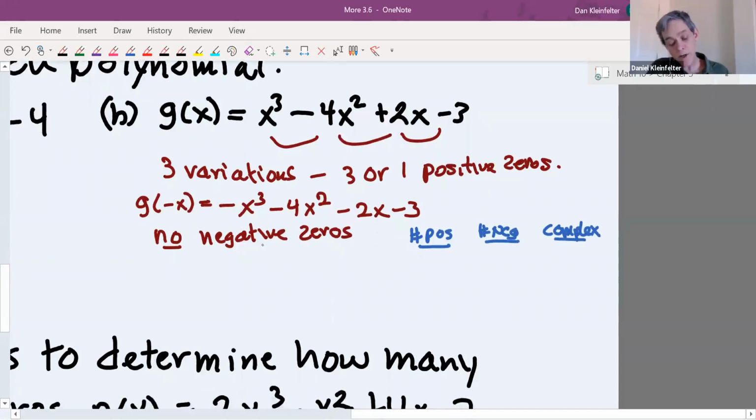We saw that there were no negatives, so we could have either 3 or 1 positive zeros. There will be no negatives. Since the total is 3 zeros, we could have 3 positive, no negative, and no complex. Or we could have 1 positive, no negative, and 2 complex. Those are all of our possibilities.